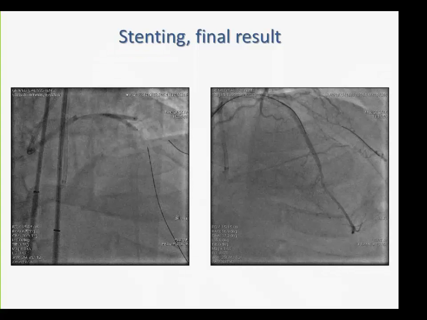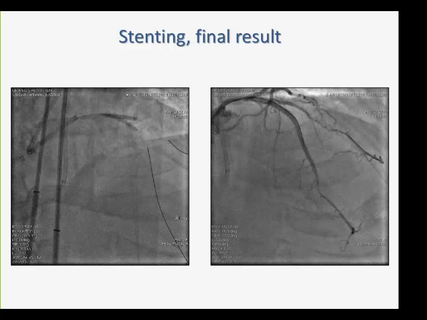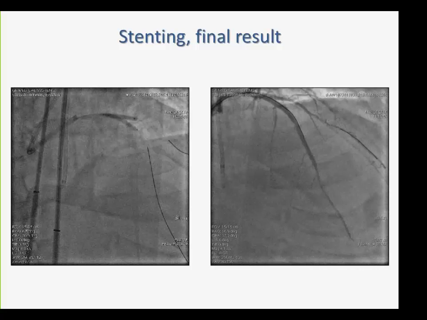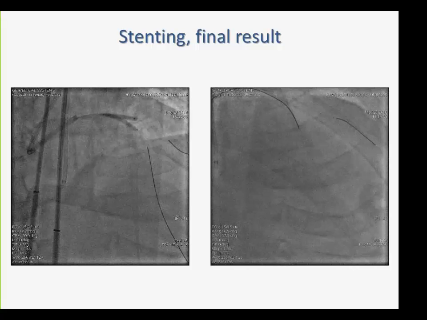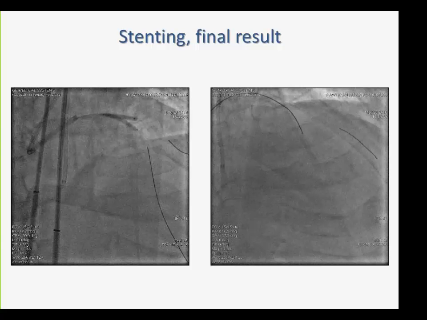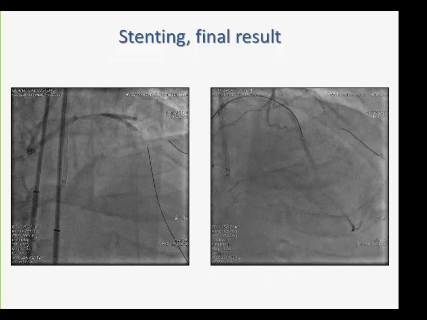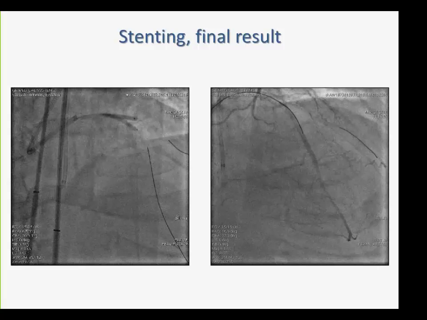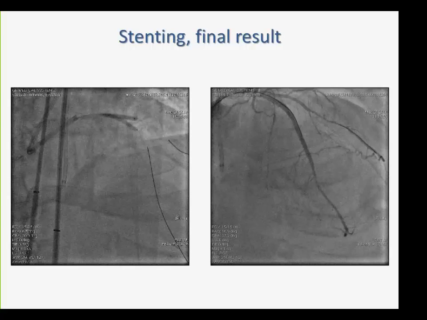So probably we disrupted the intima in that small segment, and there was no big space in the subintima which would have occluded the side branch. Actually, for a long-term result, maybe restenosis at the ostium of the side branch can be an issue, but for an acute and subacute result, it proved to be okay. Perfect.